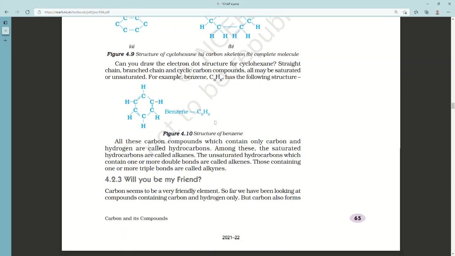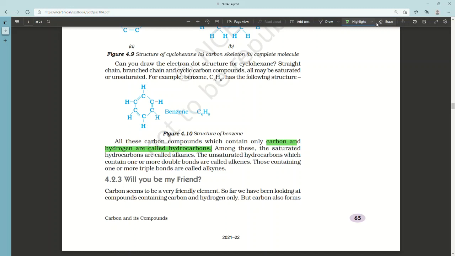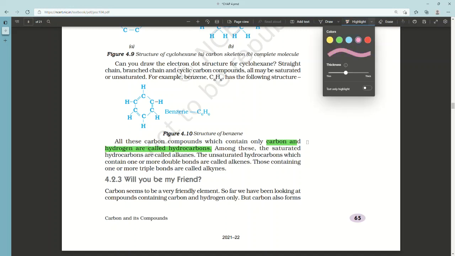In such compounds, the element replacing hydrogen is referred to as a heteroatom. These heteroatoms are also present in some groups as given in table 4.3.